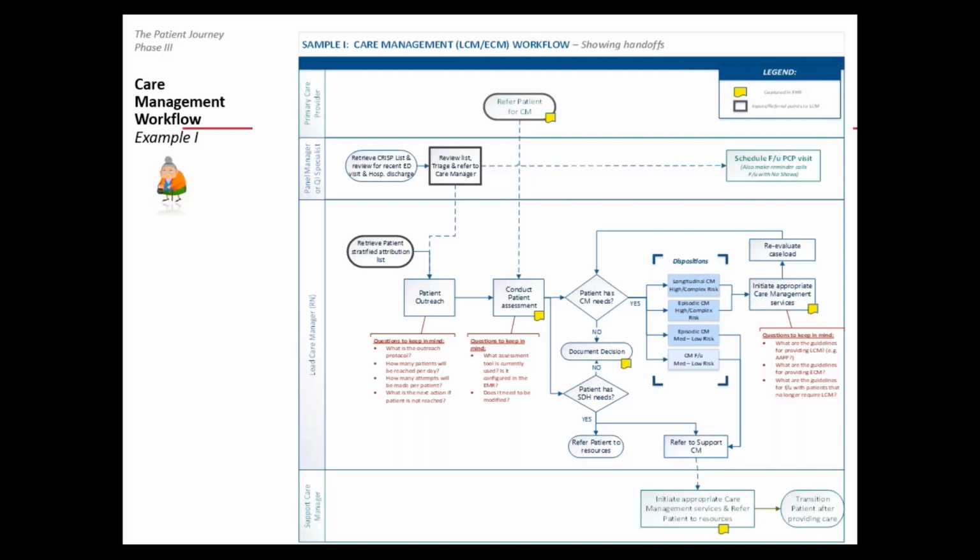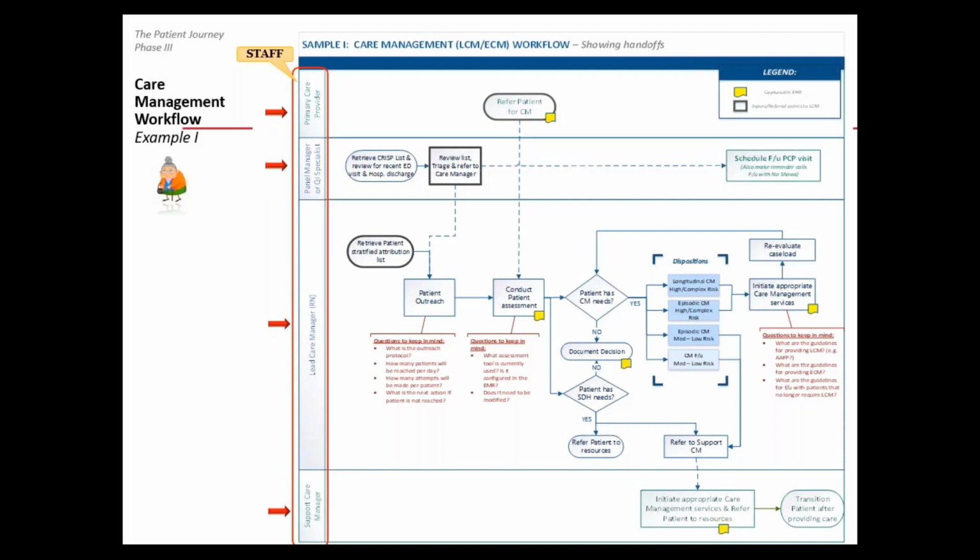The first example in this slide is a simpler structure where, on the left-hand side, you're looking at the care team roles that are identified. You have the PCP, the panel manager, the lead care manager, and the MA or support care manager. You should also appreciate the handoff from one care team member to the other. These are the swim lanes, right?